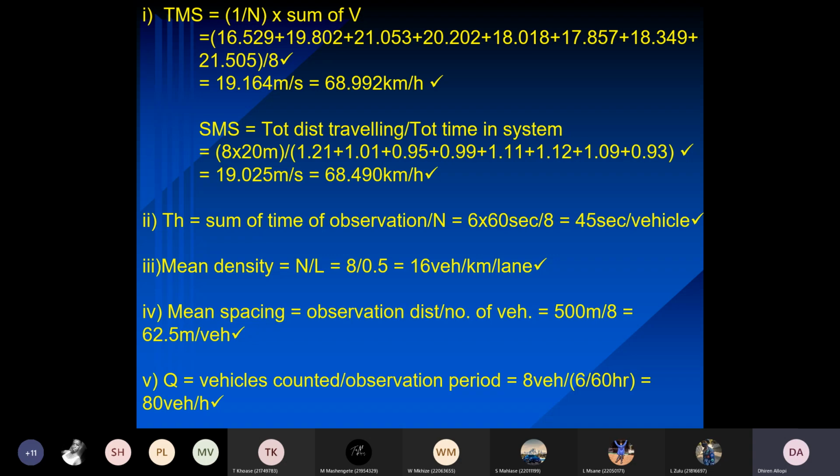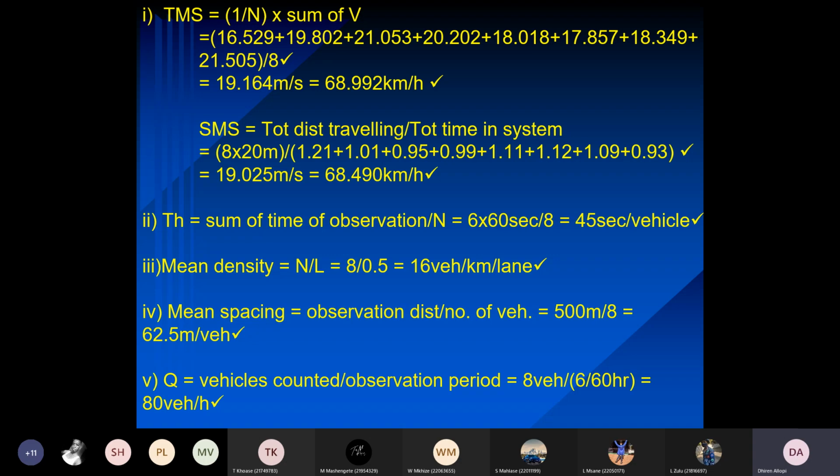You see from the 68.992 and 68.490, close. So if you arrived at an answer of say 55 point something, you know you slipped up somewhere in the calculation. The value that you arrive at should be quite close to the time mean speed, both values, time mean speed and space mean speed.